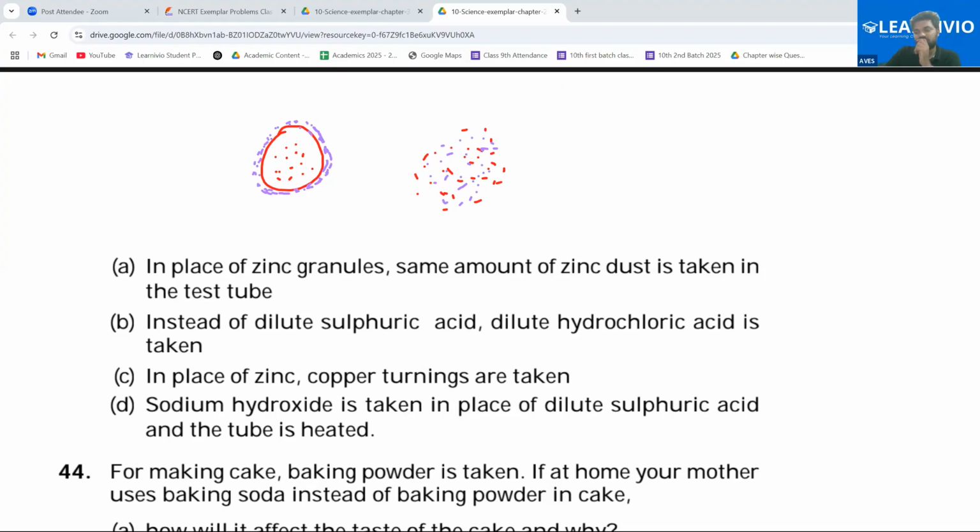Yes, sir. Next. Sodium hydroxide is taken in place of dilute sulfuric acid and the tube is heated.